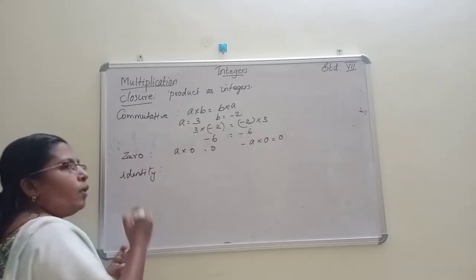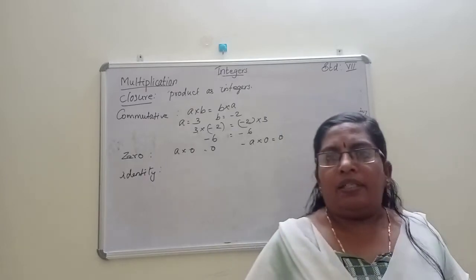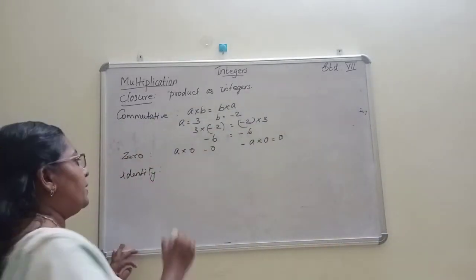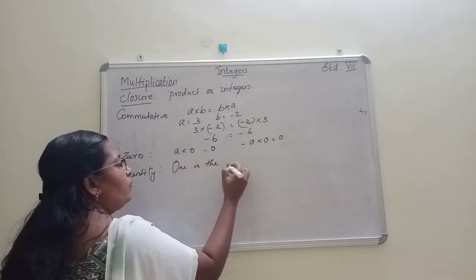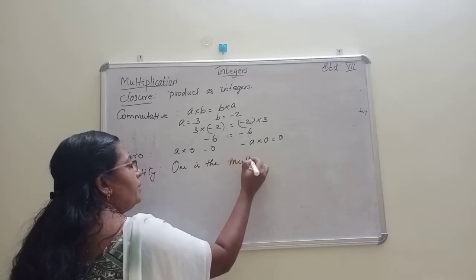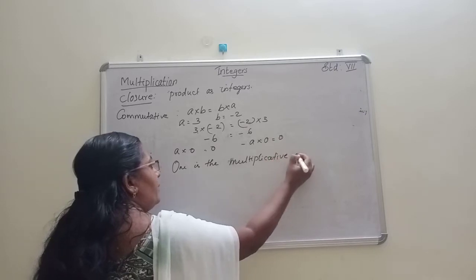Next is multiplicative identity. You know what the additive identity is? 0 is the additive identity. Here, 1 is the multiplicative identity.